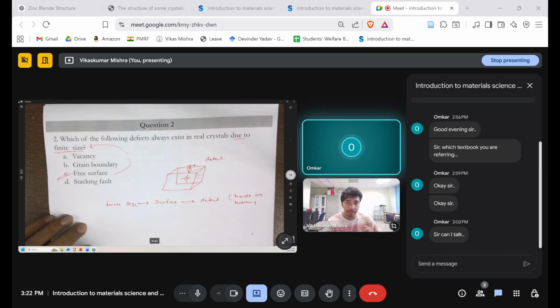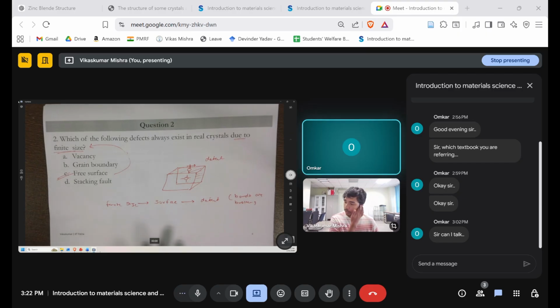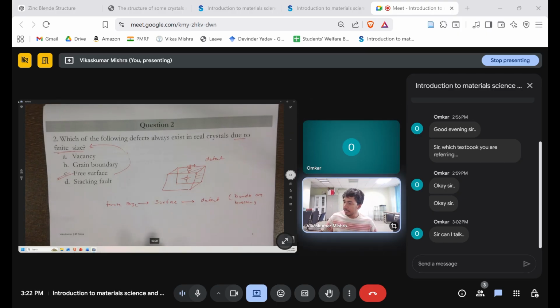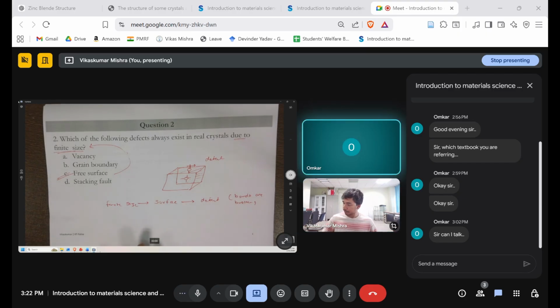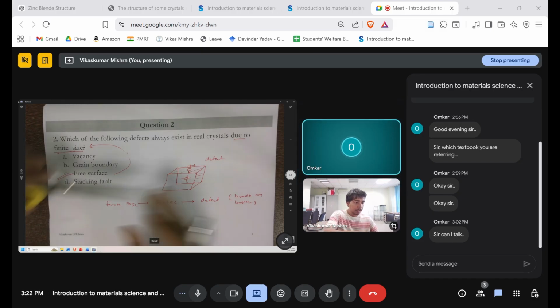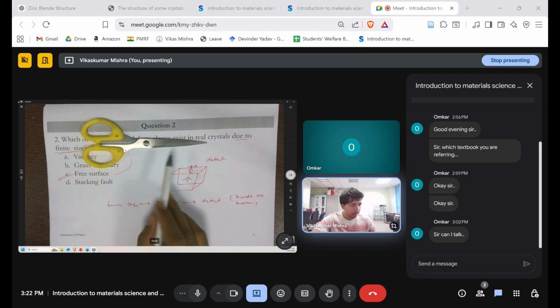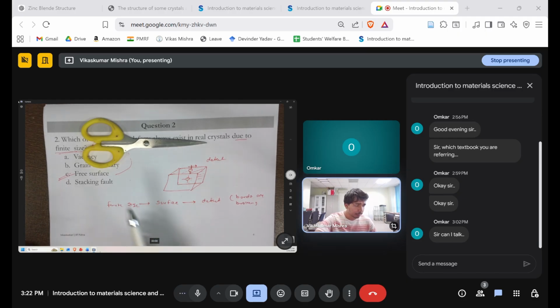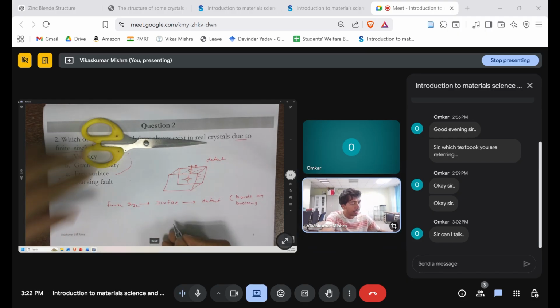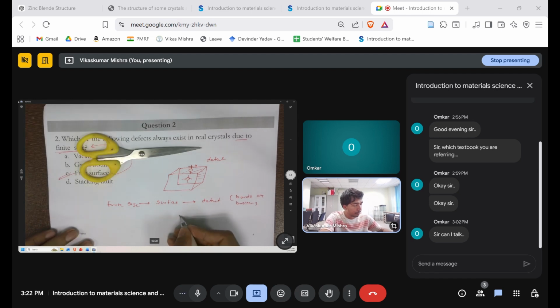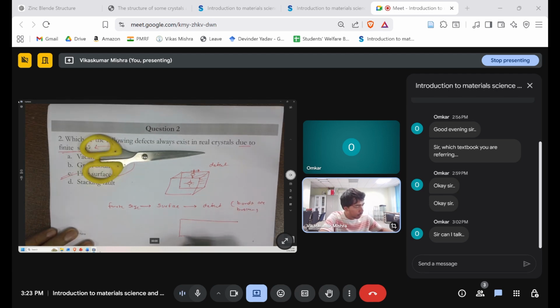Can you explain that once more? Yeah, great. Let us say we have any metal. This is a scissor, and this part is a metal. If I see along the thickness direction, it looks something like this. This is a surface, and this is the bulk, the interior part.